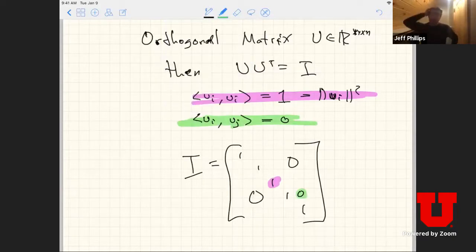So that's why with an orthogonal matrix, U times U transpose is going to be the identity, which means that U transpose is equal to the inverse of U. So if I have an orthogonal matrix, I know how to take the inverse. Okay, so this is a special case. If we have an orthogonal matrix, then it's going to have an inverse.